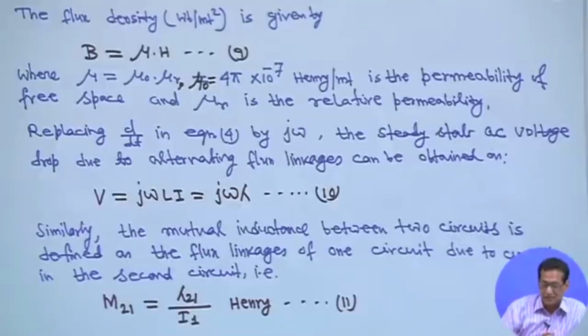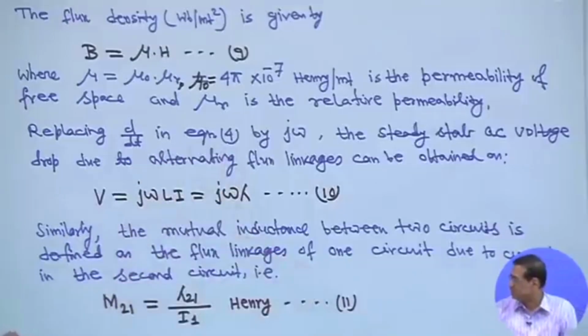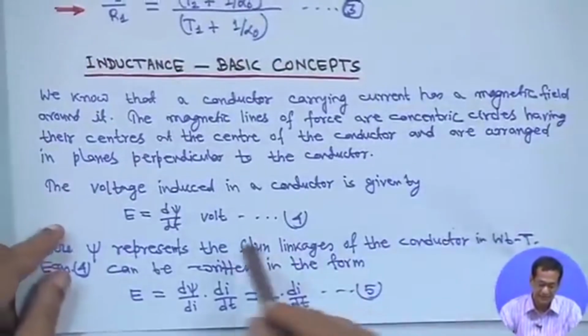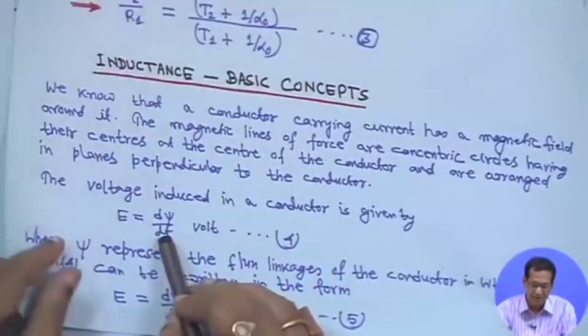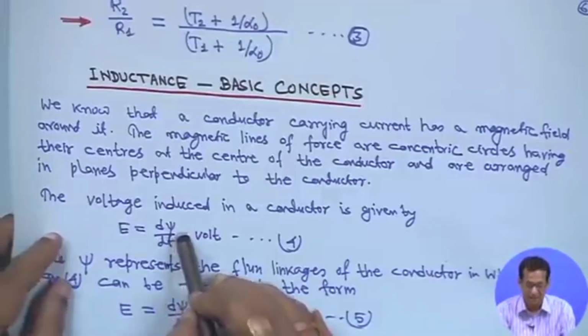So, what you can do is replace d by dt in equation 4, that is, replace d by dt by j omega, and psi and lambda are both the same.